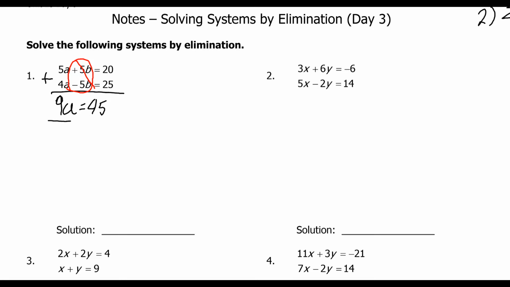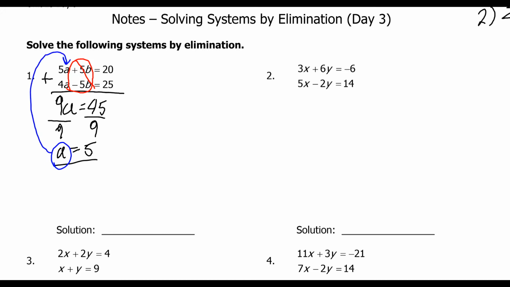We divide each side by 9, and we have a equals 5. Now we can go ahead and take this a that we just came up with and plug it back in at the top.